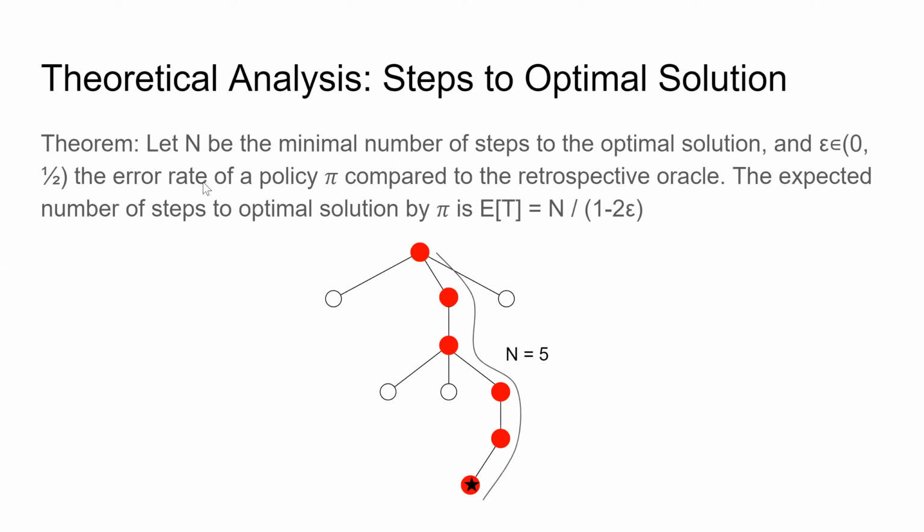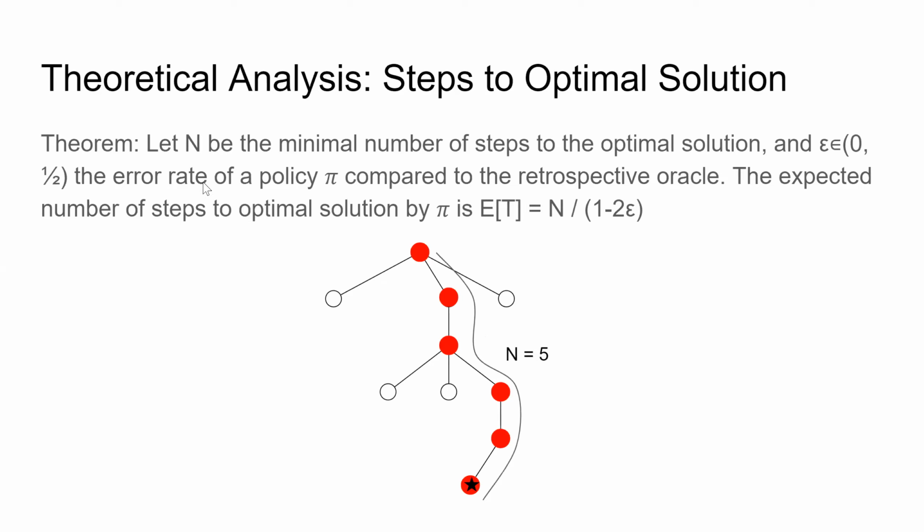You can think of that as the length of this retrospective optimal path. In this one, n is 5. So I need at least 5 steps in order to reach where the optimal solution is. And epsilon is the quality of the policy. That's the error rate of the policy with respect to the retrospective oracle.